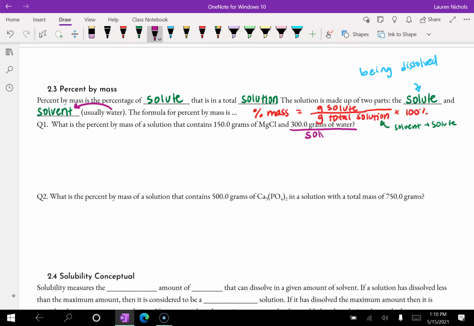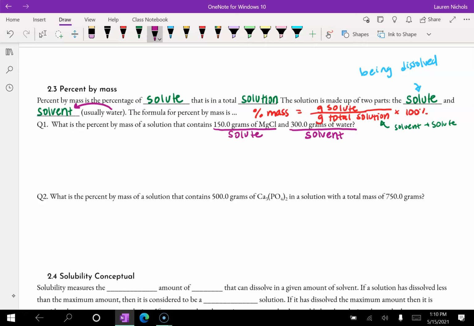So you kind of want to label for these problems, what do you have? Do you have your solution, your solute, your solvent? What are your pieces? And then magnesium chloride, your chemical, that's always going to be your solute. That's what's being dissolved.